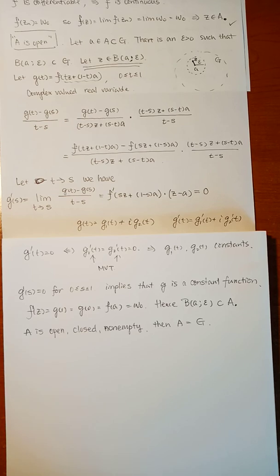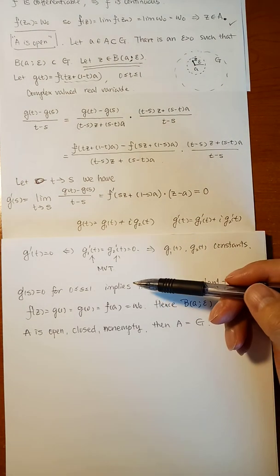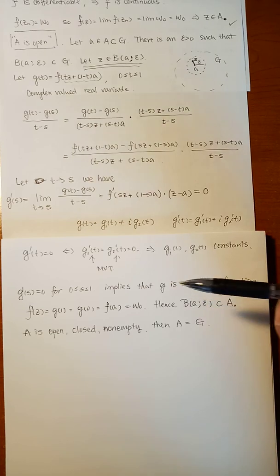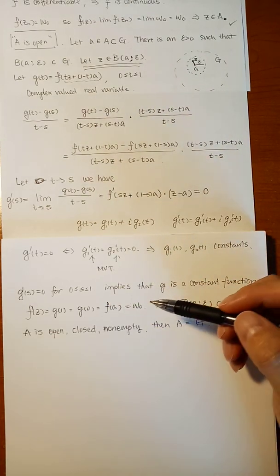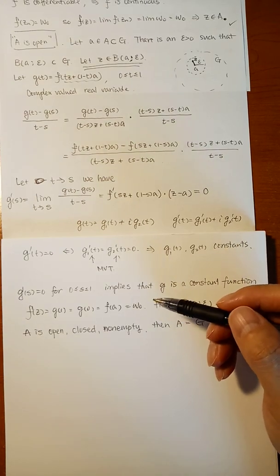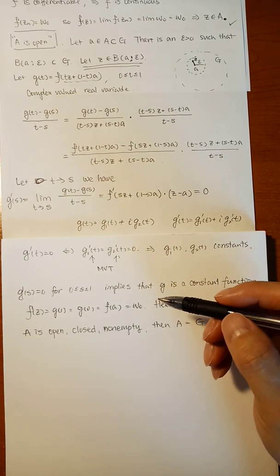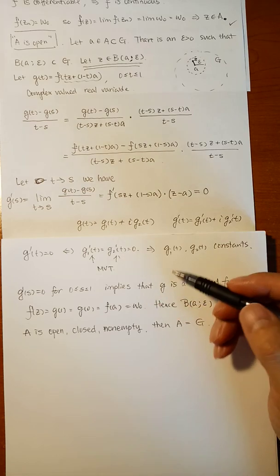First of all, you have to understand what connectedness is. A set is connected if and only if it cannot be written as a union of two non-empty disjoint open sets. And second, you have to understand the mean value theorem. We don't have the mean value theorem for complex variable functions, but we do have the mean value theorem for multi-dimensional real variable functions.